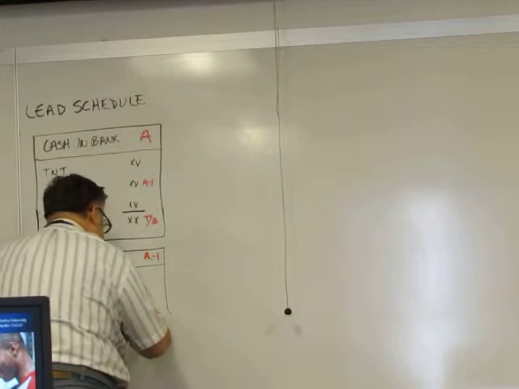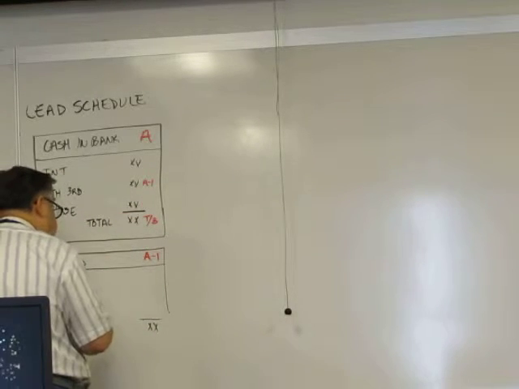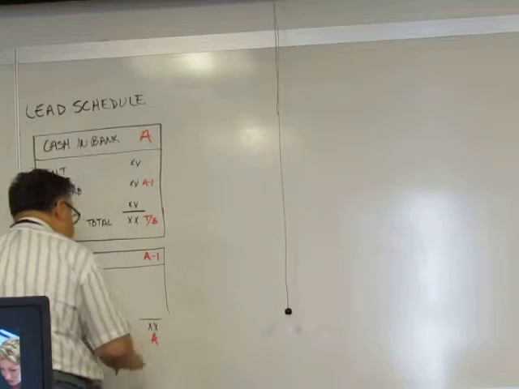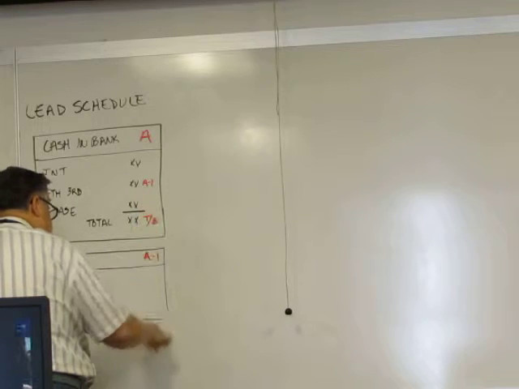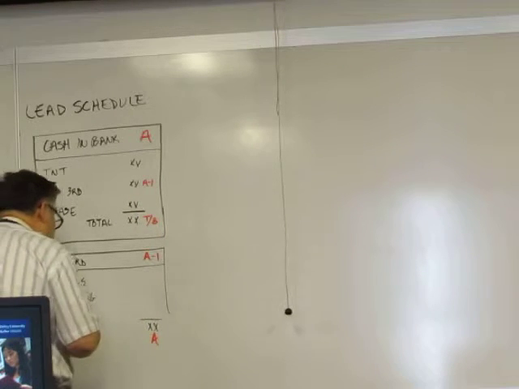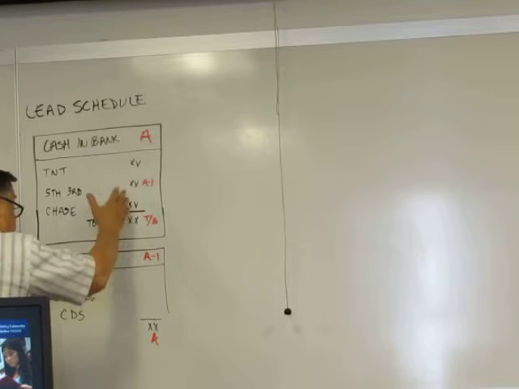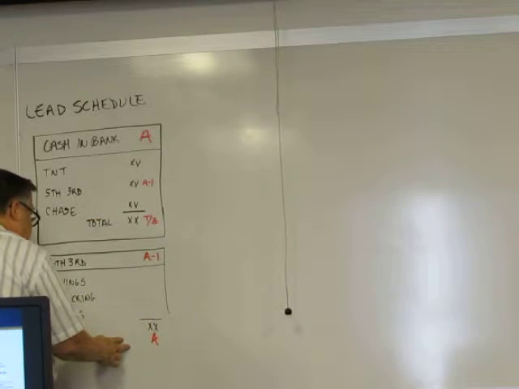And the total would then go back to the A schedule, because this should equal the balance that's here. So notice this is almost like cross-referencing: here's the total amount, here's the breakout of that amount.